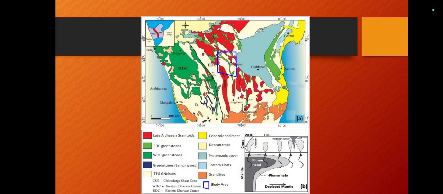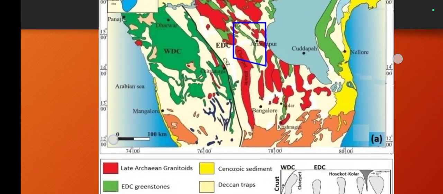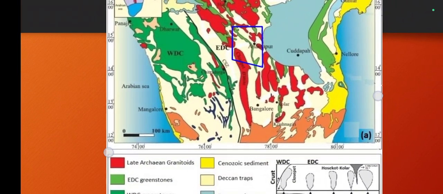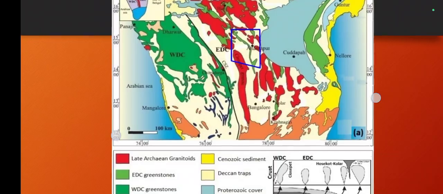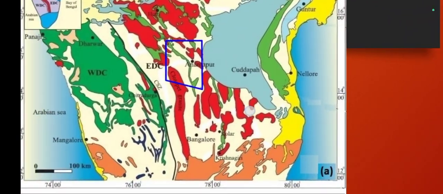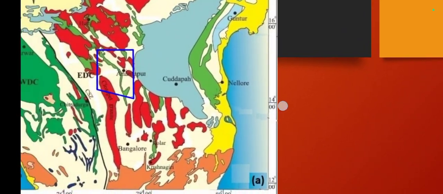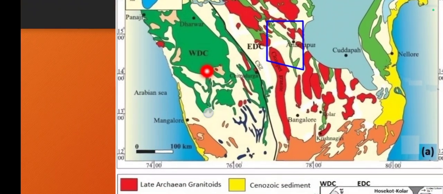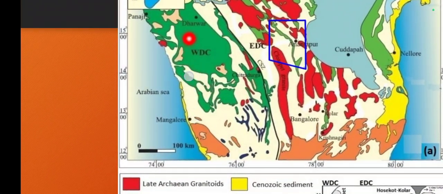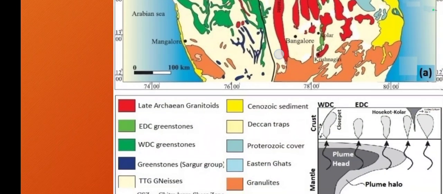Let me show you how the Eastern Dharwar Craton has less proportion of greenstone. Here you can see the Western Dharwar Craton has more green portion as compared to the Eastern Dharwar Craton, which has more red. The red color is more dominant in the Eastern Dharwar Craton. The green color indicates greenstone.